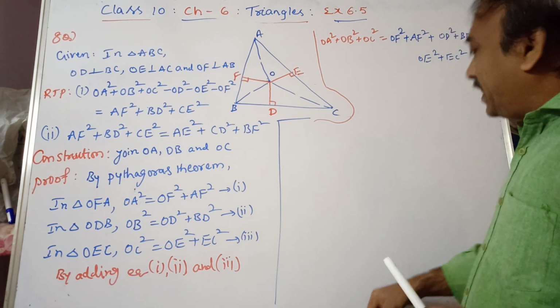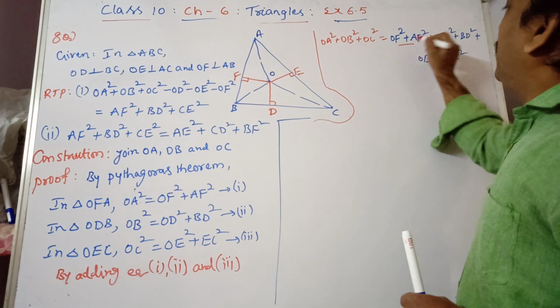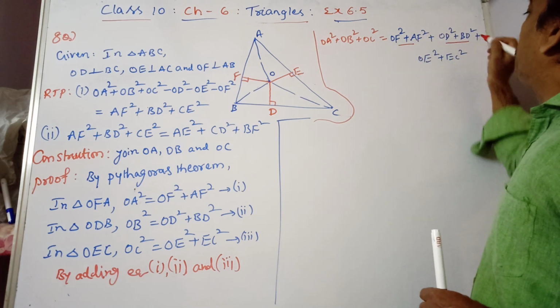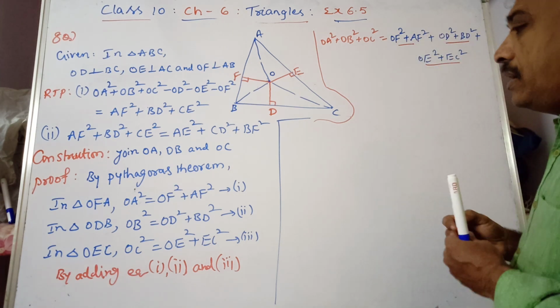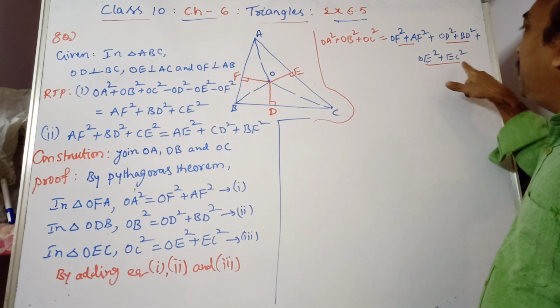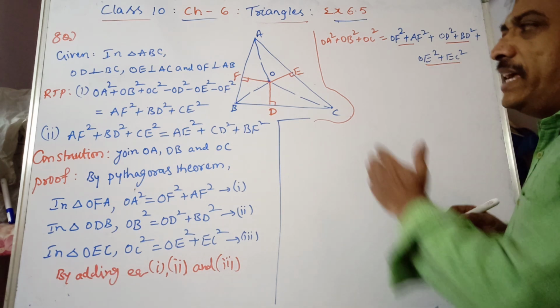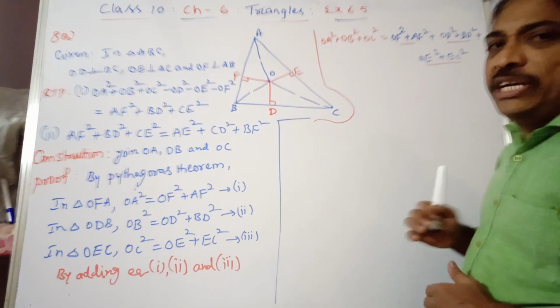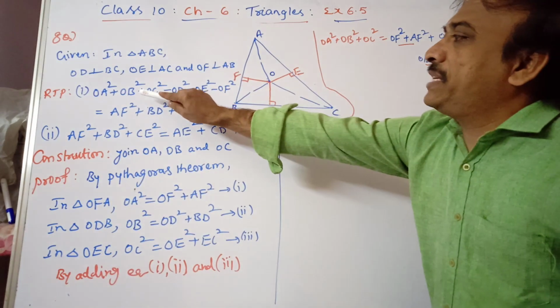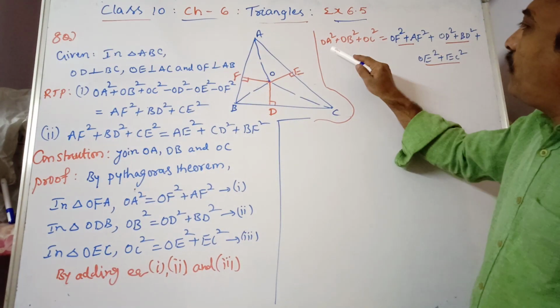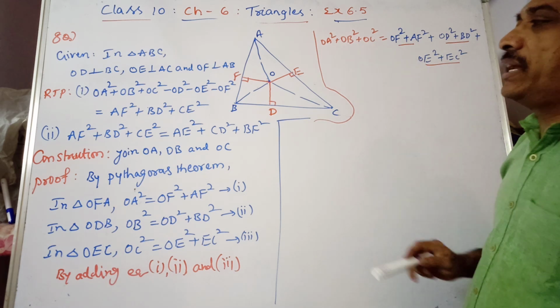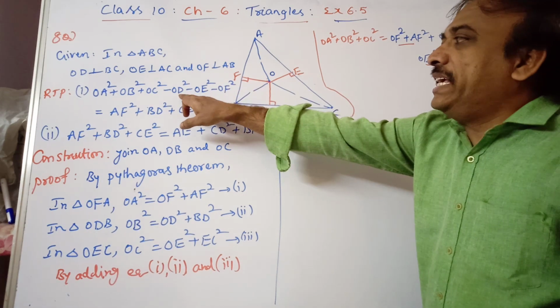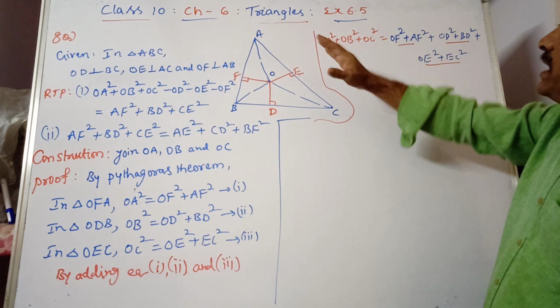So the first one is this part of the RHS, the second one is this part, and the third one is OE square plus EC square. Now when you see the equation which we need to prove, we have OA square plus OB square plus OC square. We need OD square, OE square and OF square, so transpose them to that side.